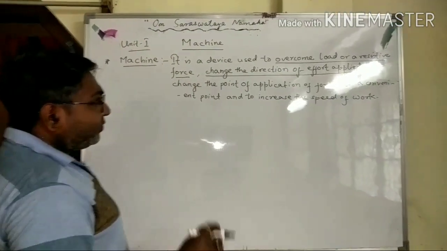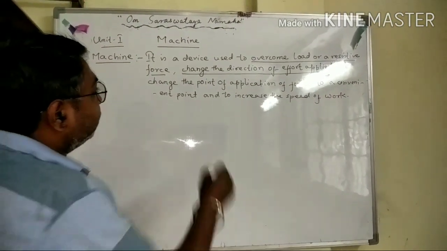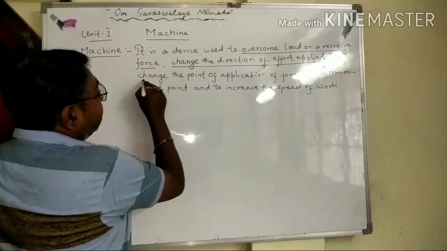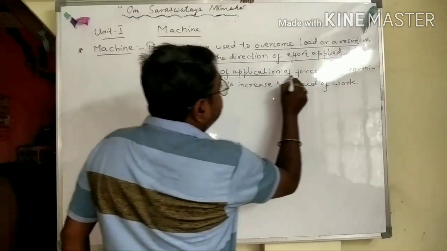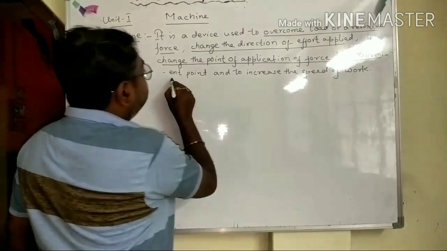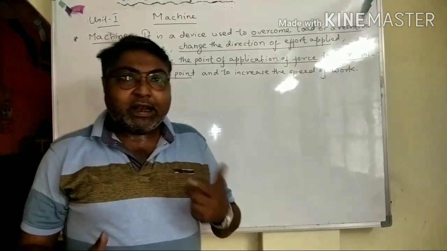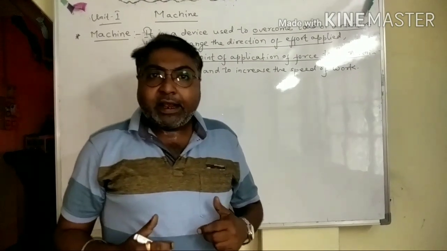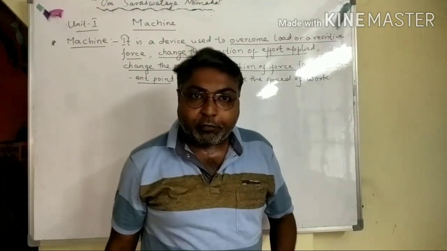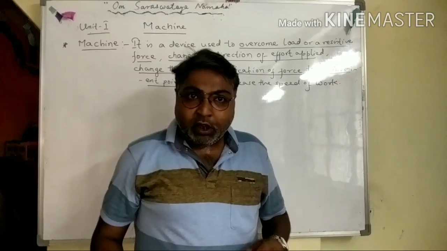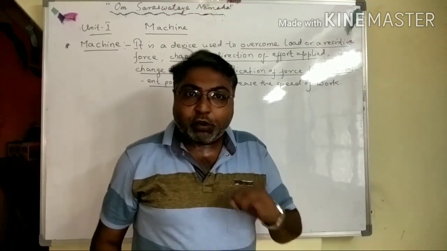The third keyword in this definition is that this machine changes the point of application of force to a convenient point. For example, you are riding a bicycle. When you are riding a bicycle, you give force with the help of your feet onto the pedal. So the pedal is the point of application of force.